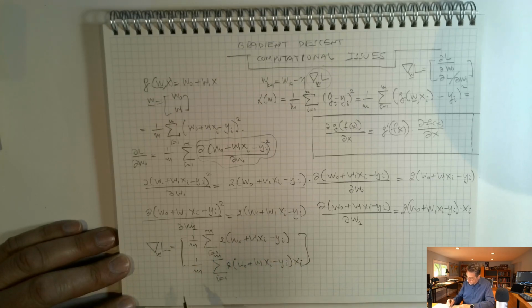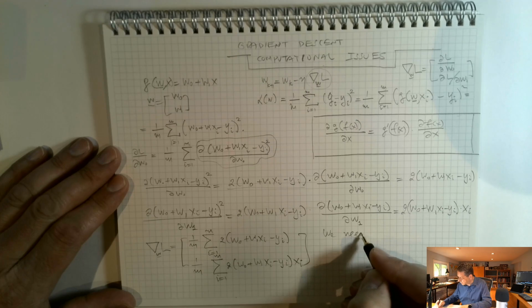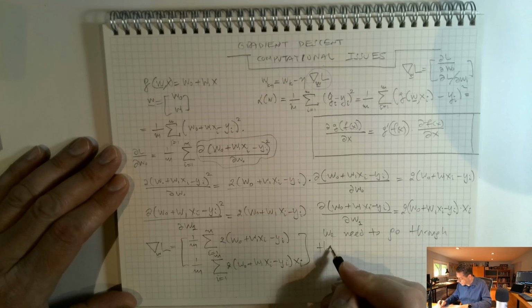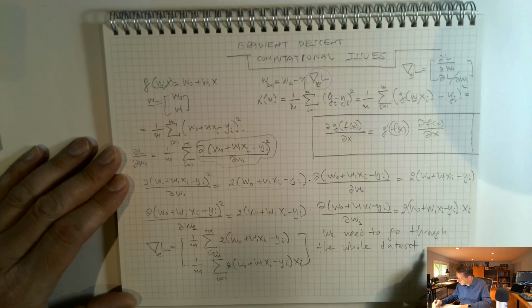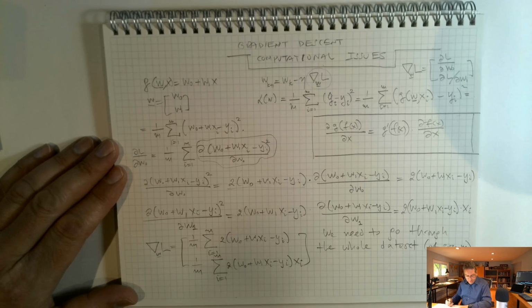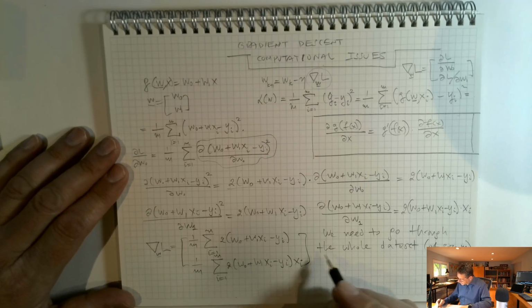We have to go through the whole data set, so let me write this down. We need to go through the whole data set. Let's call this data set of size M. M, of course, will be the M train, or whatever portion of this data set we have allocated for training. So this is going through the whole data set.